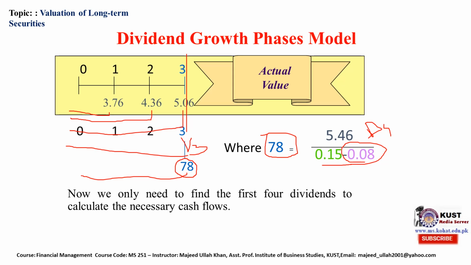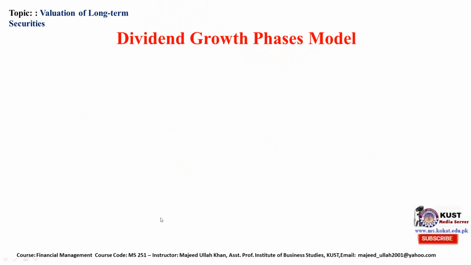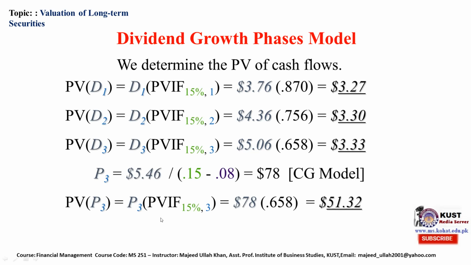Now we only need to find the first 4 dividends to calculate the necessary cash flow. So the present value of D1, that is the first phase value, is D1 present value, discounted at 15%, using the present value interest factor for the second year present value. We will get these values from the table of present value interest factor of a single amount, not an annuity table.